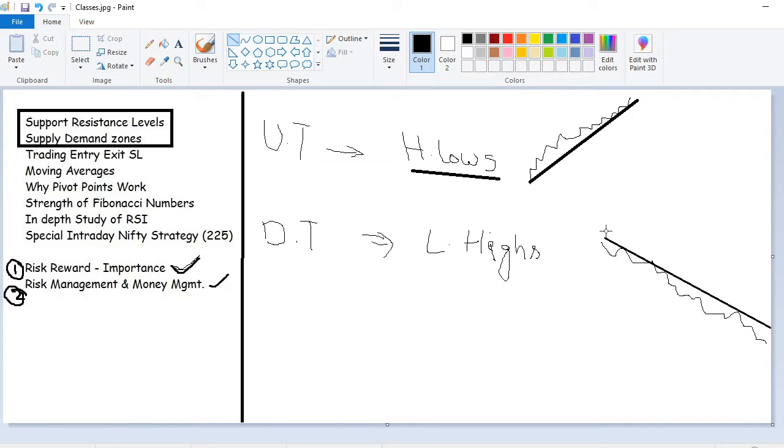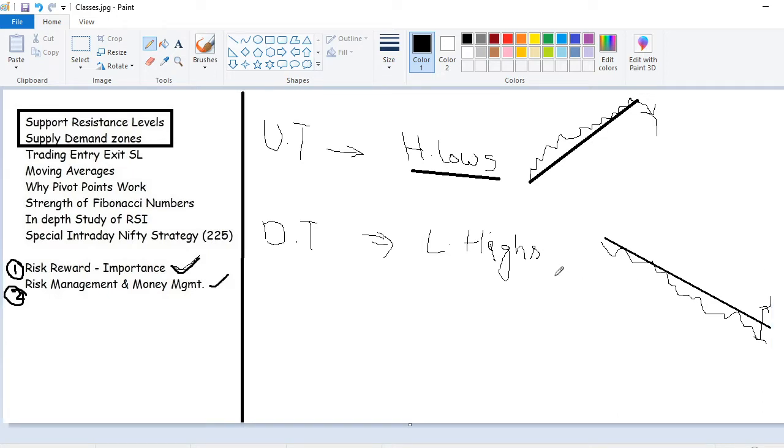Whenever the stock comes to go high, it is pushed down, goes high, pushed down, goes high, pushed down, again tries to go high, pushed down. So unless and until it breaks the trend line, an uptrend stock will not fall, it will continue the trend. And the same, unless and until it breaks the trend line, a downtrend stock will not come up. So this will be in this way.